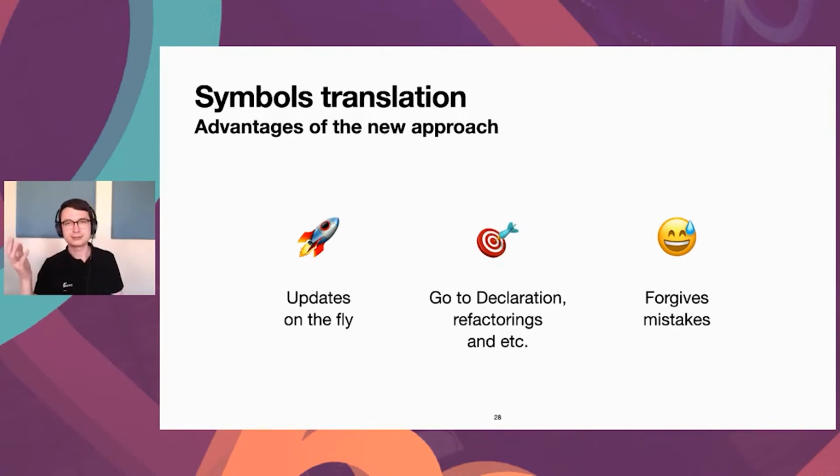Because when you run the compiler for building a framework, it runs in a mode where, if it meets any error in your code, it just stops. In the new approach, the compiler tries to recover its state if it meets an error in your code. So functionality and completion will still work, even if you don't have compilable Kotlin code.